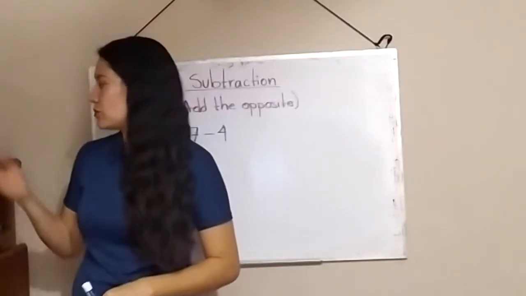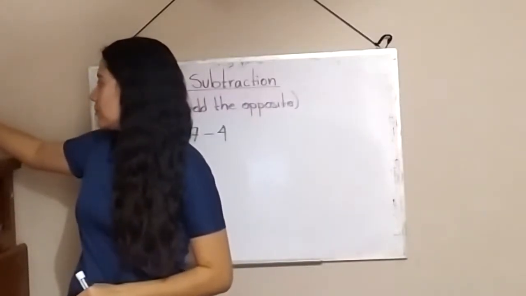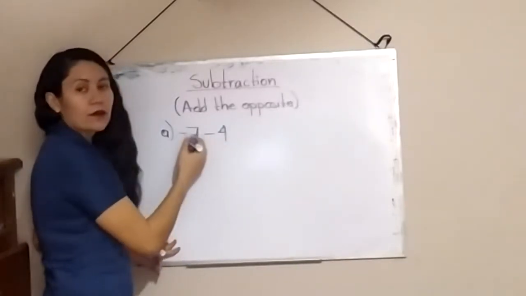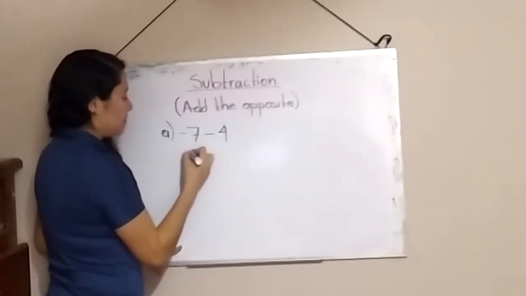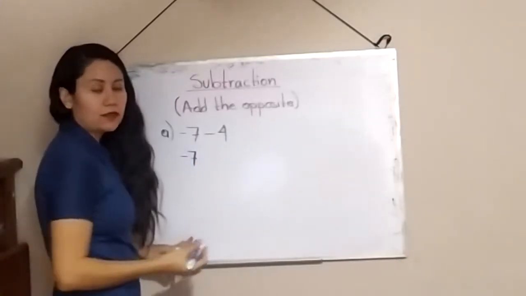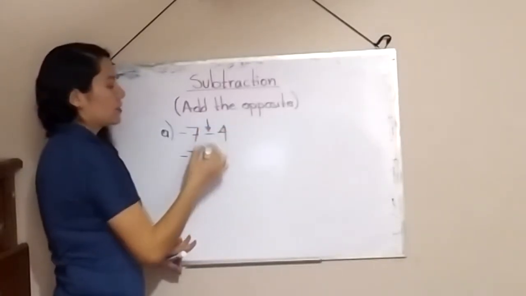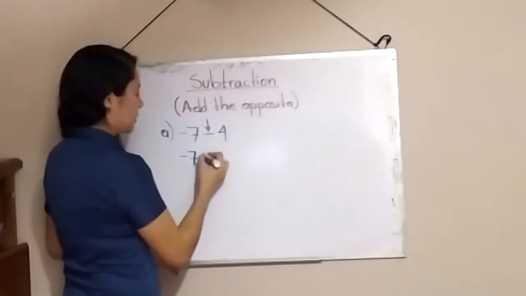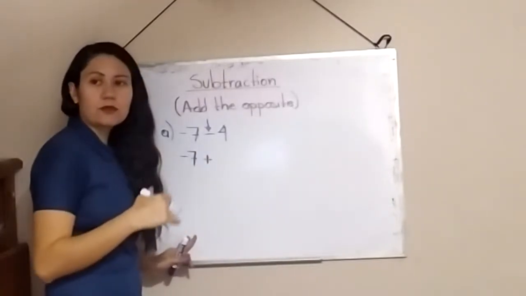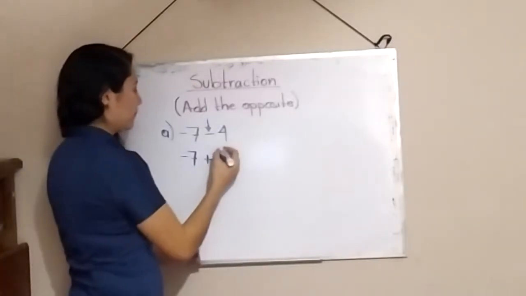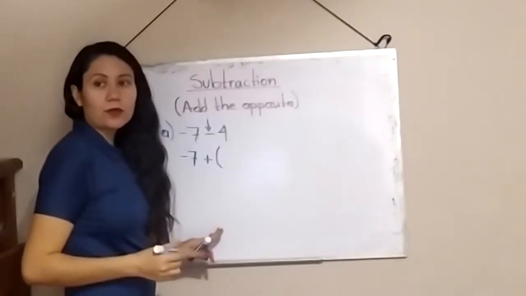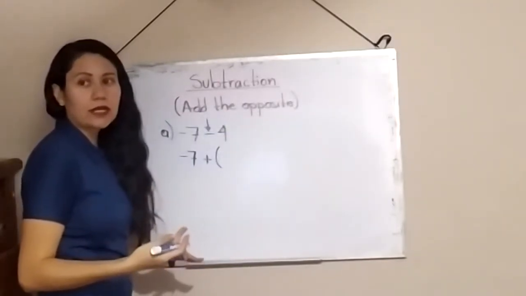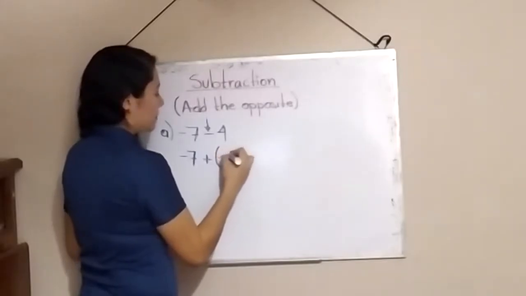First step is to transform it into an addition. The first number remains the same, -7. We are going to change the minus for a plus to change the subtraction into an addition. And we are going to change the 4 for its opposite number, which is -4.